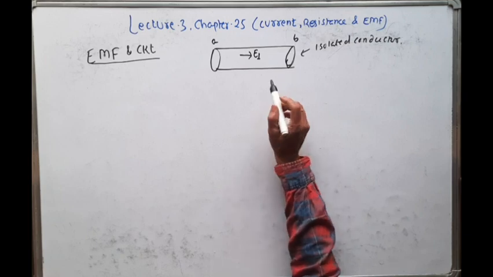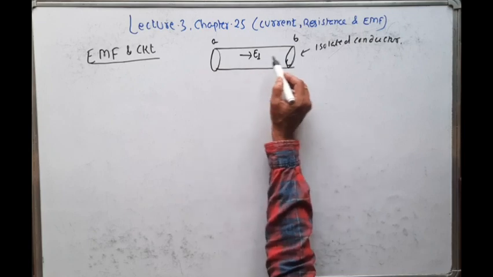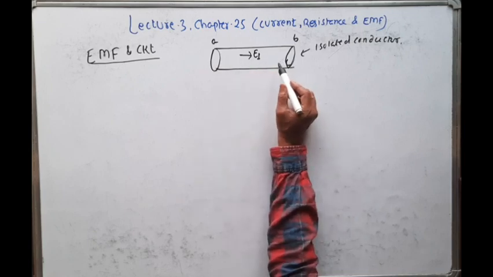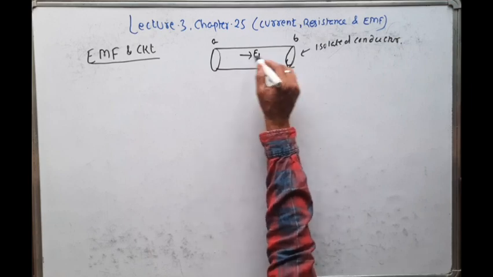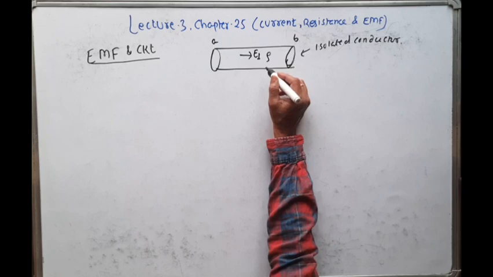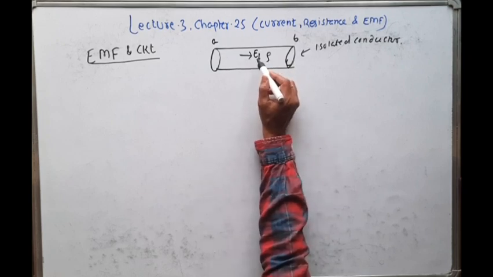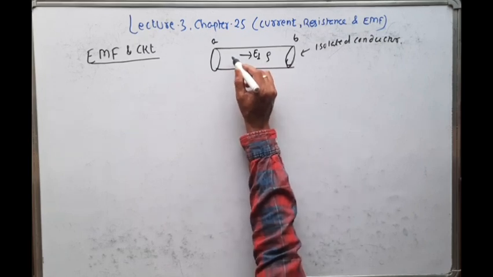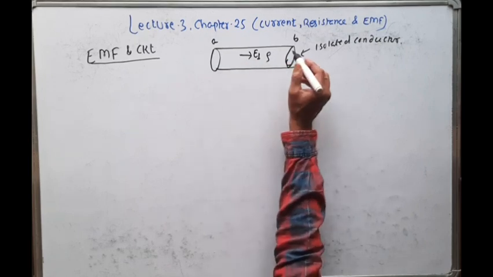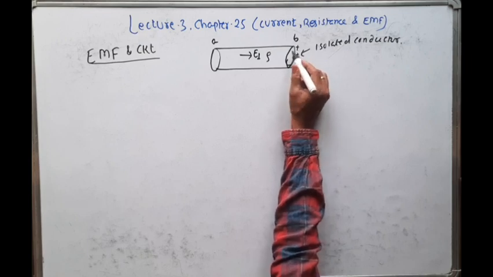Okay. So now, if an electric field of E1 is established in this isolated conductor, what will happen? Let us say this conductor's resistivity is rho. Due to this electric field, all the positive charge inside the conductor will accumulate in this end, B end.